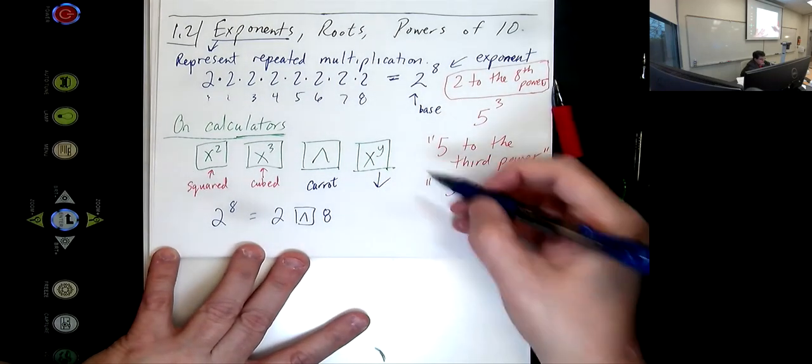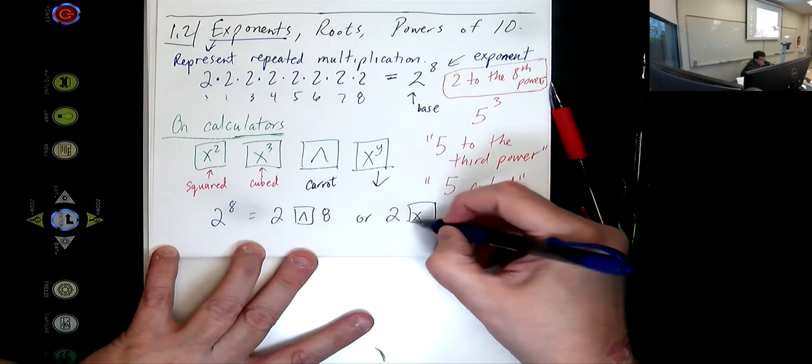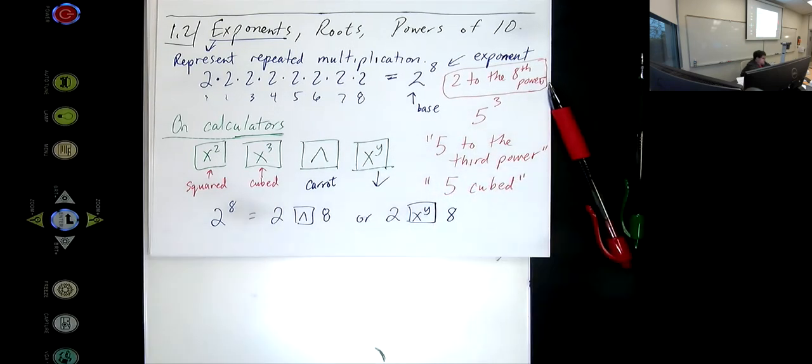The same thing with the XY button, or 2 XY 8. Usually with the XY, though, you can just have a 2, press XY, and it's just that. But you still need to tell it what the next number is. Yeah, it should do it automatically.